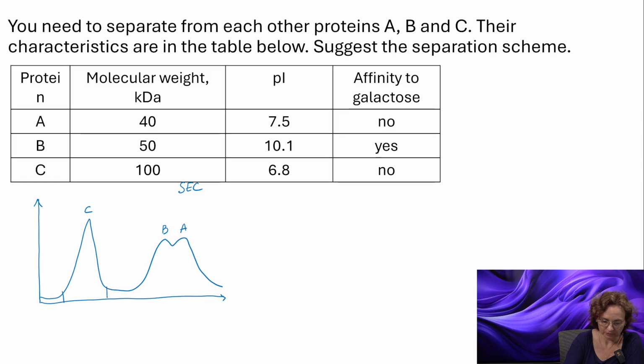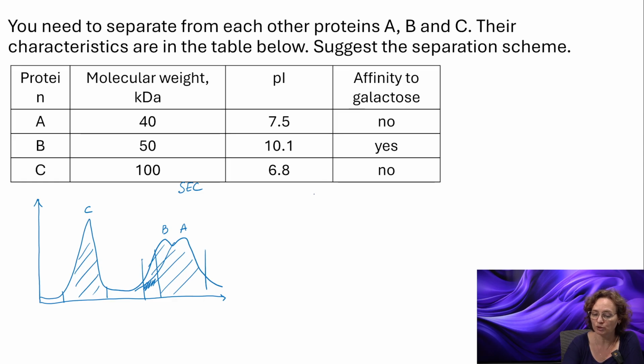So, you can get those fractions, and then here it is unlikely. You still can have some fractions that have just B, but you may still have a little bit of A in here. So that is not a reliable method to separate B from A.